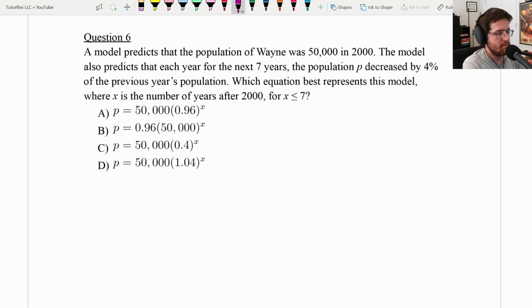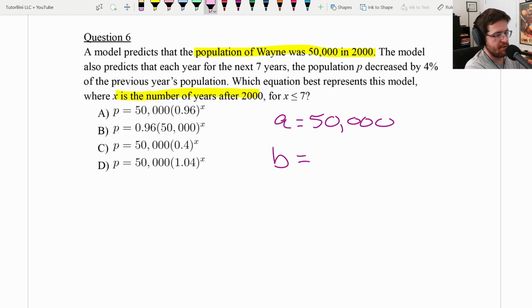Okay, question 6. So they told us that x is the number of years after 2000, and they told us the population was 50,000 in 2000. So that is the beginning of the problem. That is the initial value. So a is equal to 50,000. To find the multiplier, we see this keyword of the previous year's population. So that's like each year. That's telling us each year y is getting multiplied by some number.